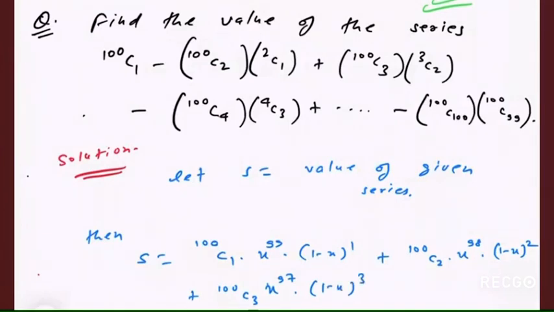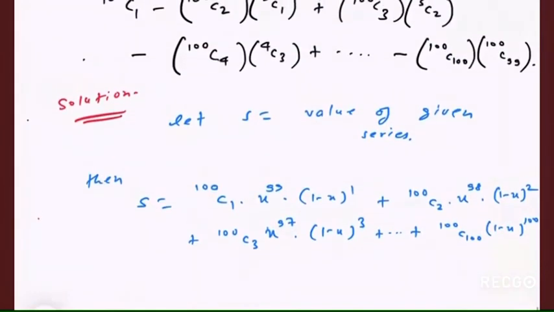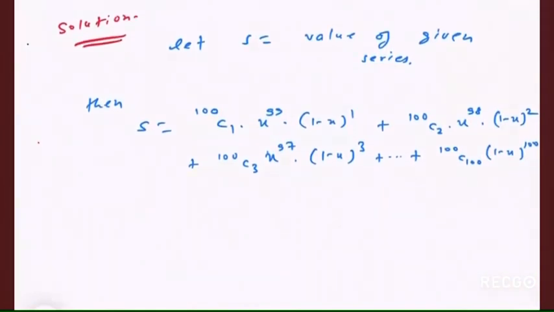Similarly, 100C3 x to the power 97 (1 - x) to the power 3, and so on. The last term should be 100C100 (1 - x) to the power 100.